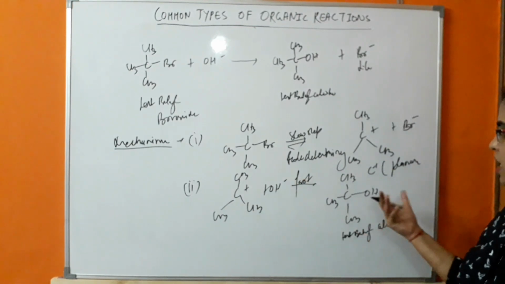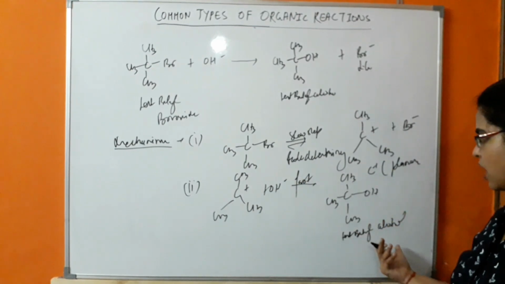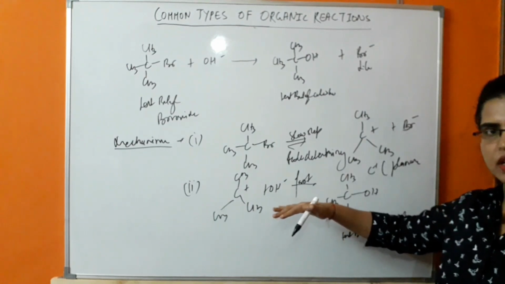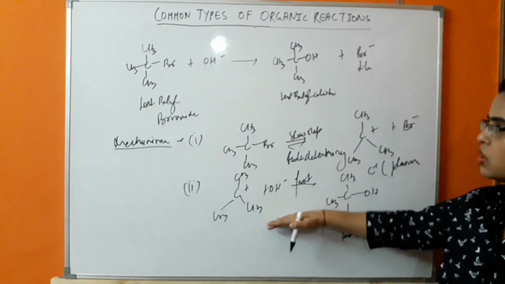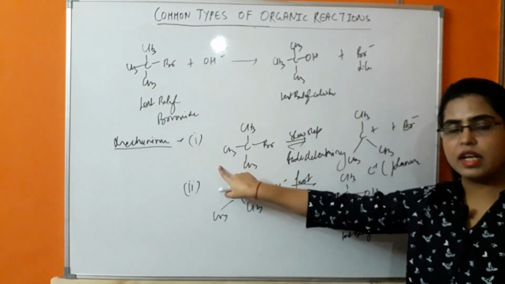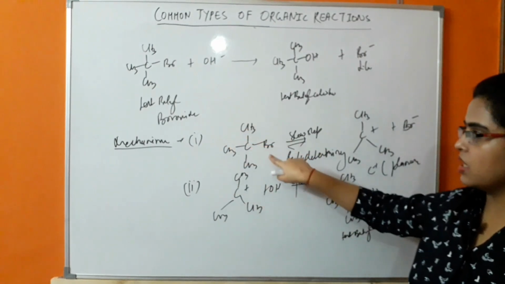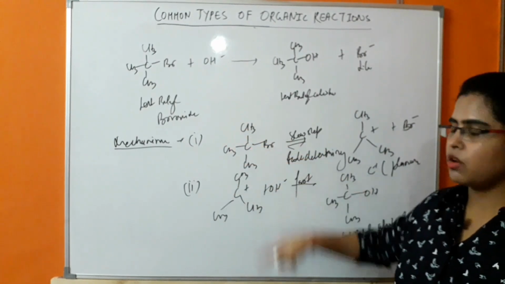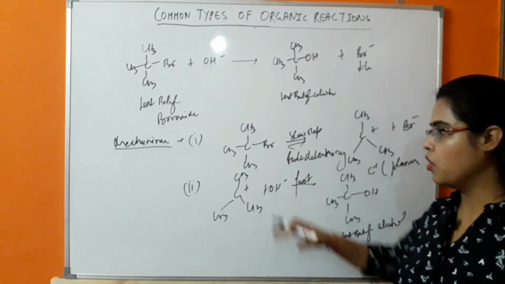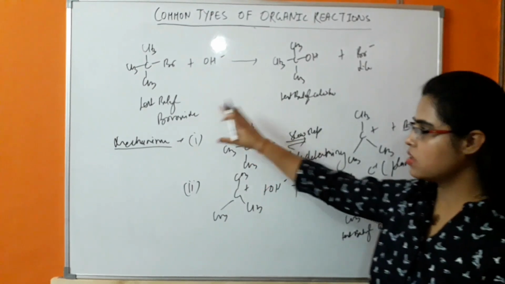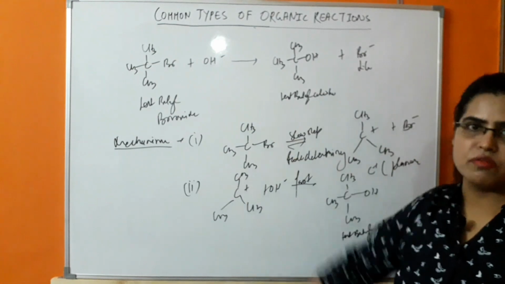So they immediately form the product, that is tert-butyl alcohol. So the rate of reaction is not dependent upon this step. So the rate of reaction is only dependent upon the first step in which there is substrate. Okay? So the rate of reaction is dependent upon only substrate. So this is the mechanism for SN1 reaction.